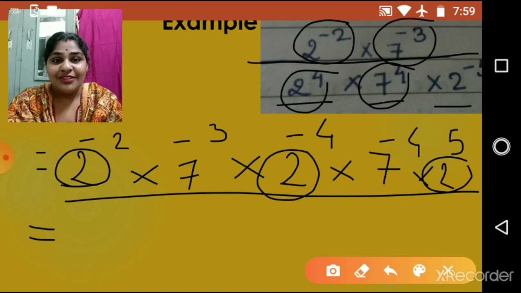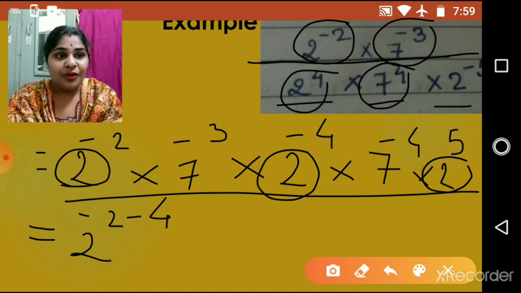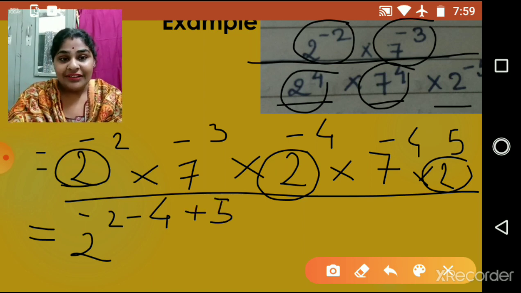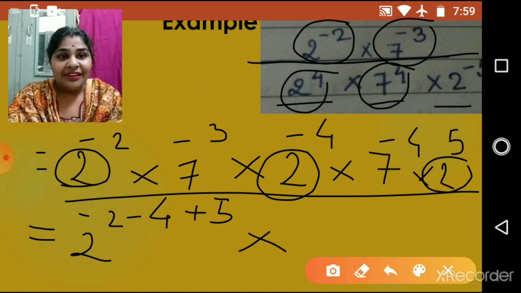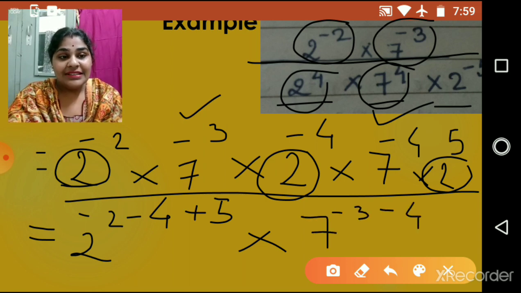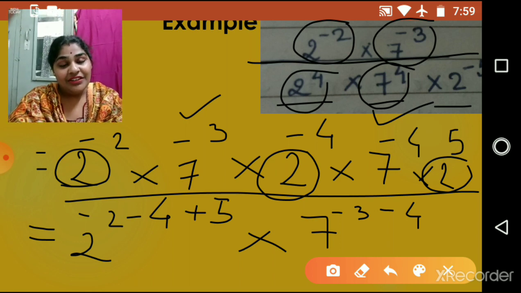Using this law, I'll write 2 raised to negative 2 plus negative 4 plus 5, and multiplied by the remaining 7 raised to something, that is 7 raised to negative 3 plus negative 4. Like this we can directly solve, children.